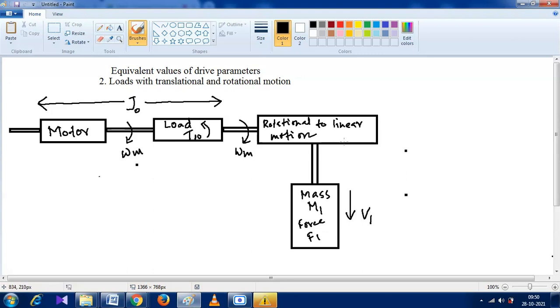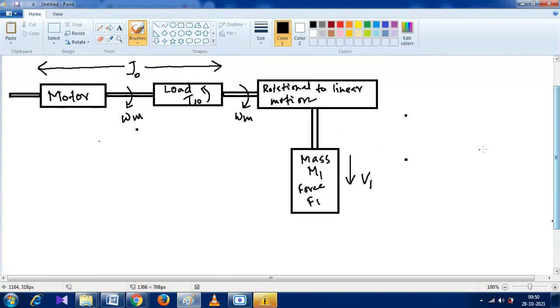Now tell me, what is the formula of kinetic energy of that system? Yes, tell me the formula. What is the formula of kinetic energy of a rotational motion system?